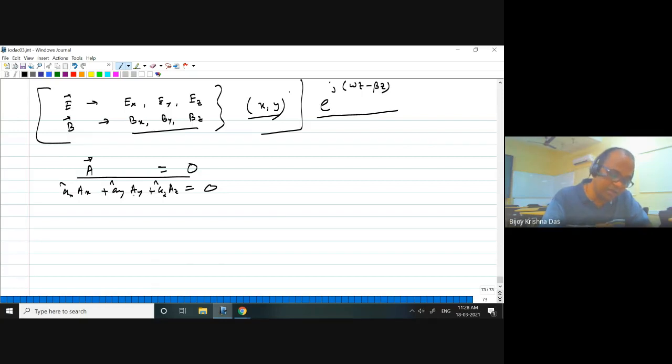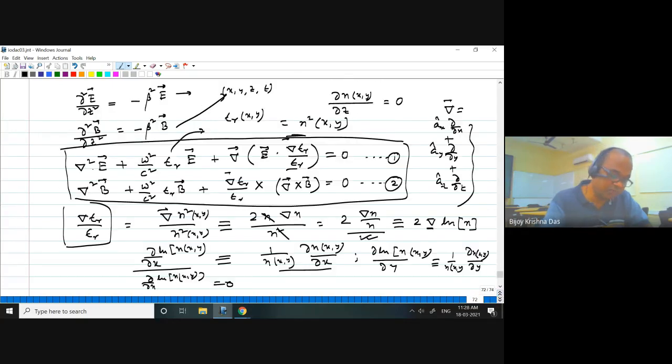That means each individual component must be 0. That's why the vector is 0. So if I try to find out the x component of the first term, and the x component of the second term also, I add them. The third term I also find the x component.